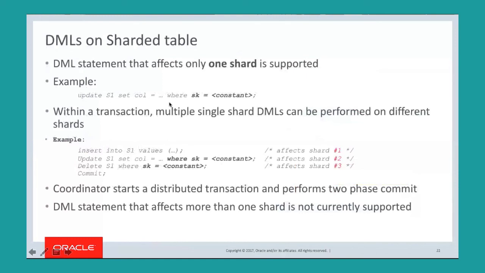But that being said, in my transaction, I could have multiple single shard DMLs. In this example, I could have an insert that affects only shard 1, an update that affects shard 2, and a delete that affects shard 3. I could have all these 3 in my transaction, and then I could commit it. What happens is the coordinator will start a distributed transaction and will do two-phase commit with all these 3 DMLs.